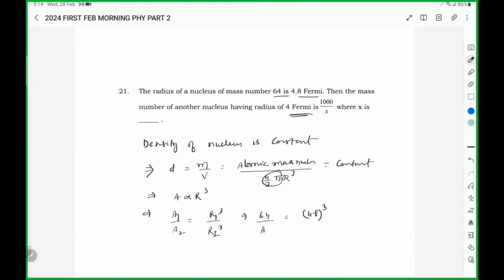Then mass number he is asking when another nucleus having a radii 4 Fermi. So 1.2 whole cube.